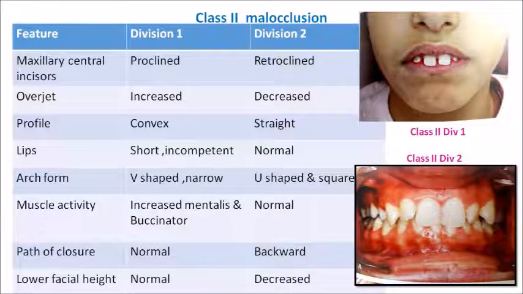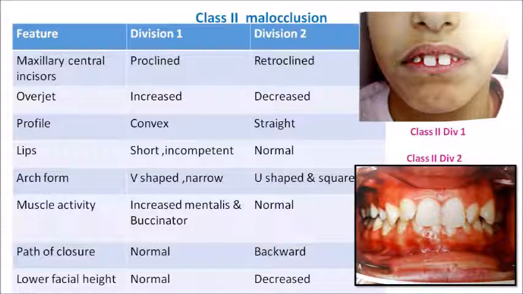So we have seen what a class 2 malocclusion is. That is when the lower molars are distally positioned, you get Angle's class 2 malocclusion. But what is further interesting to us is that this malocclusion is further divided into division 1 and division 2. The major feature of a class 2 division 1 malocclusion is that the maxillary central incisors will be proclined, whereas for a division 2 malocclusion, the central incisors will be retroclined and the lateral incisors will be proclined.